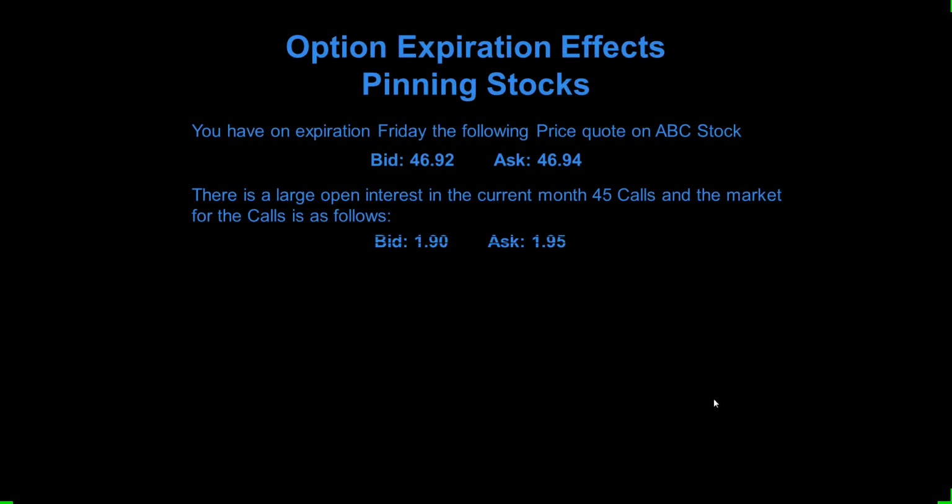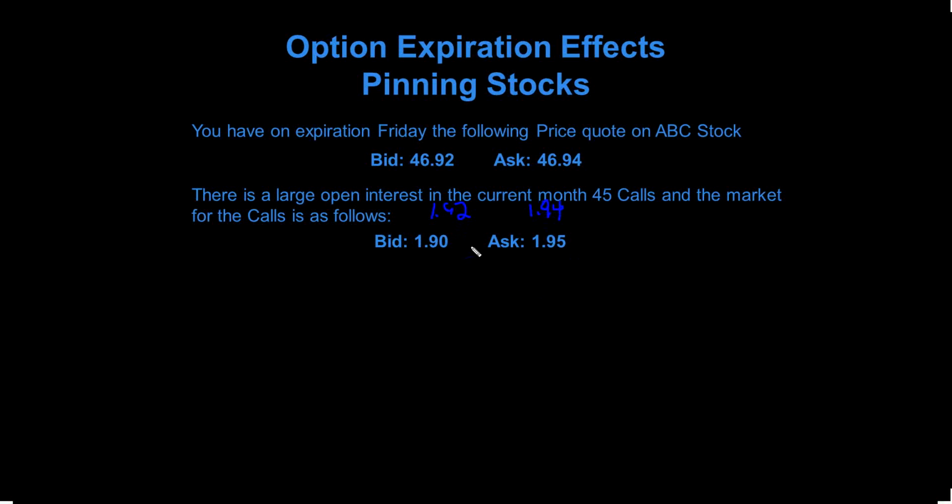Now, what are you going to do? That option contract's bid at $1.90, ask $1.95. That's what the market makers are going to do. Remember what I said. Your intrinsic here is $1.92 to $1.94. But you want to sell it. You don't want to get assigned the stock, or you don't want to own that stock.